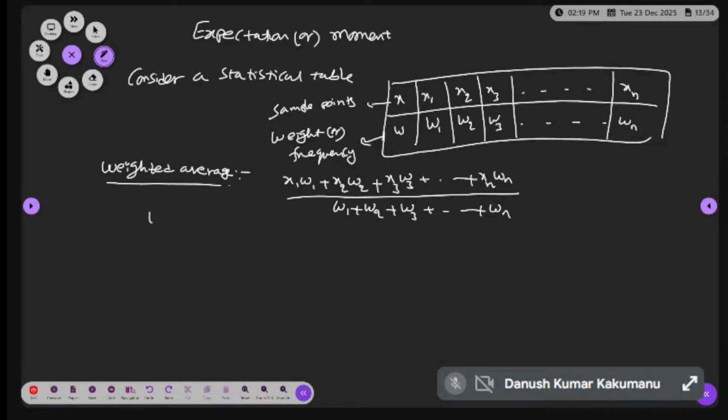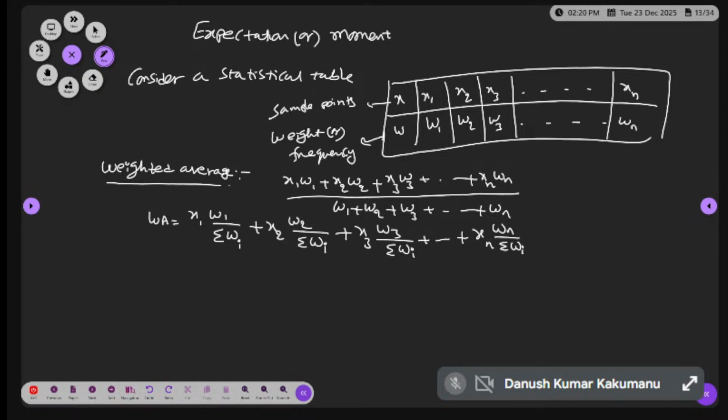So this weighted average we are writing as what? Separating: x1 into omega 1 by sigma omega i, x2 into omega 2 divided by sigma omega i, plus x3 into omega 3 divided by sigma omega i, plus so on, xn into omega n divided by sigma omega i.